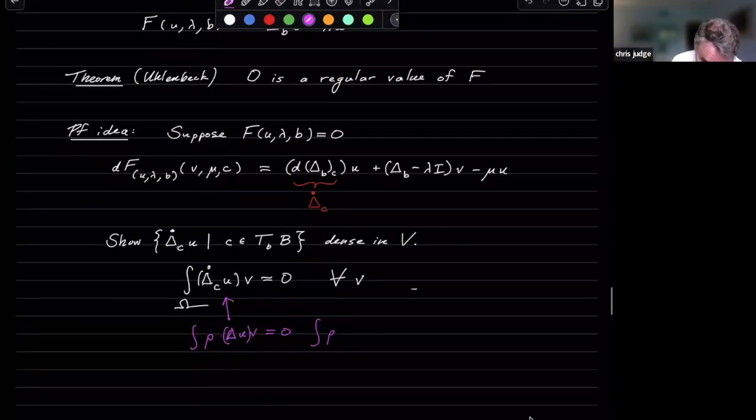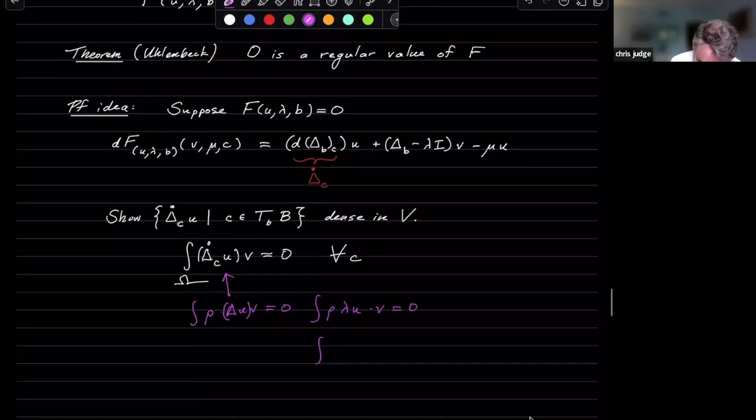So delta dot is rho times delta u, so times v, that's 0, so that's the same as rho times lambda times u times v is equal to 0, for all c, I should say. That's the same as saying lambda times rho u times v is equal to 0.